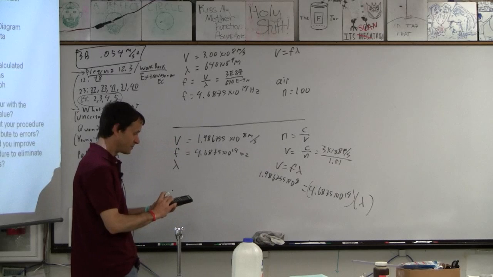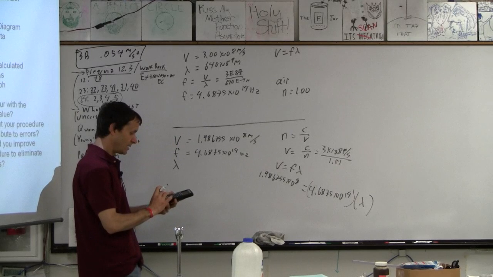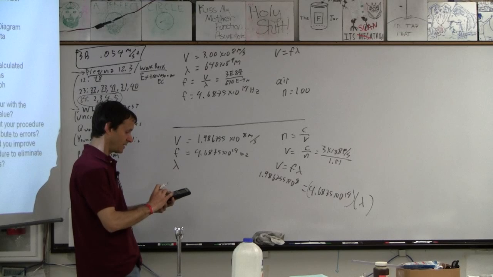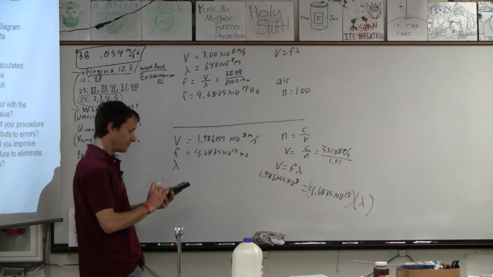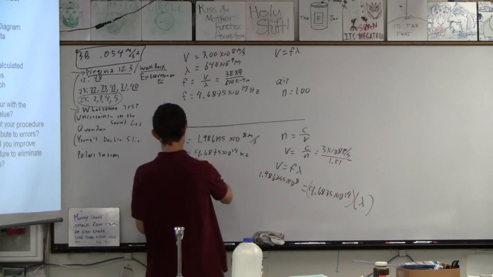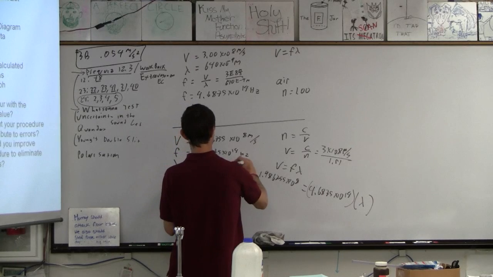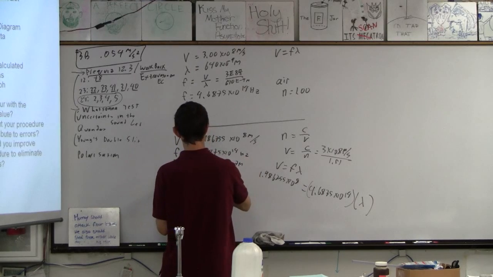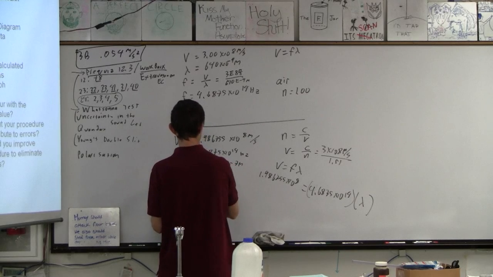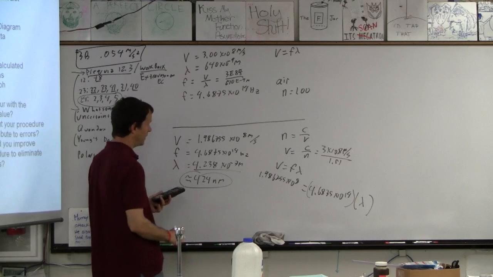So I'm just going to divide this by my frequency, 4.6875 E to the 14th. And I get 4.238 times 10 to the minus 7th meters, right, which would be 424 nanometers. But if you write this, that's just fine.